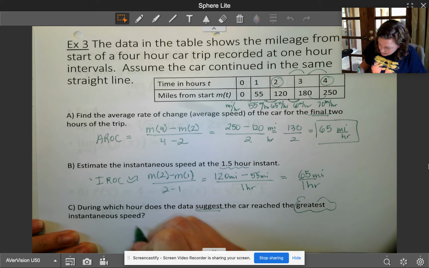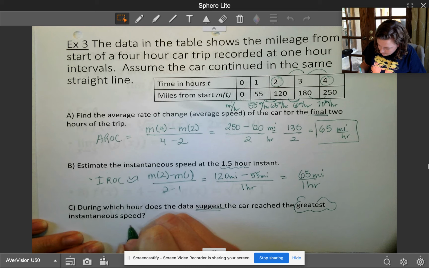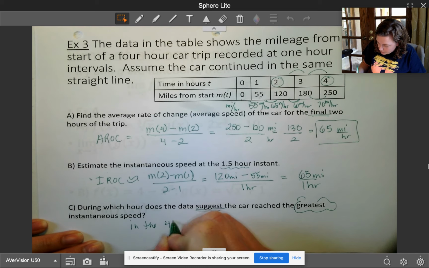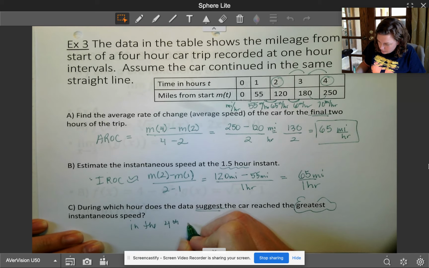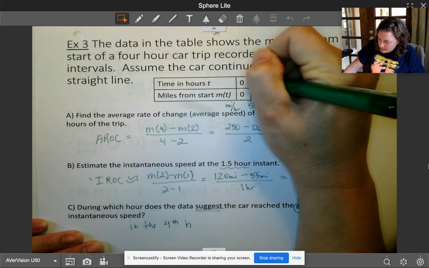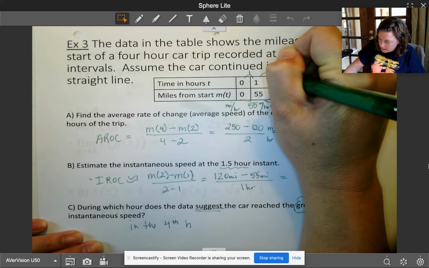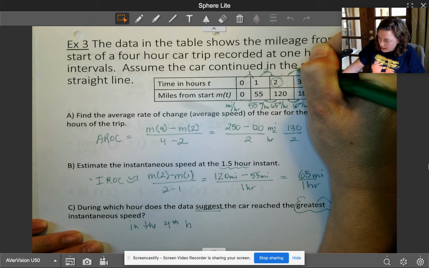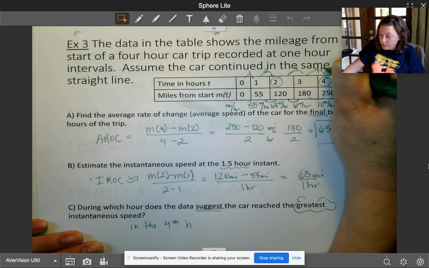So it looks like this is in the fourth hour. This is your first hour. This is the second hour. This is the third hour. And from 3 to 4 is the fourth hour.